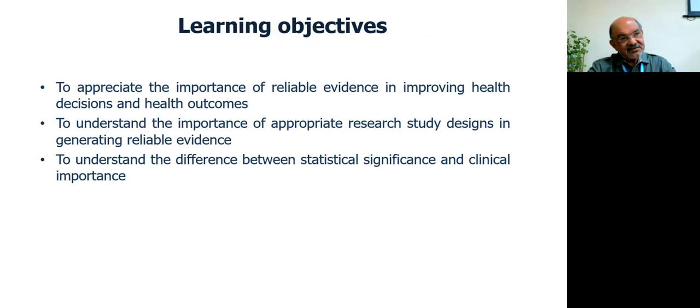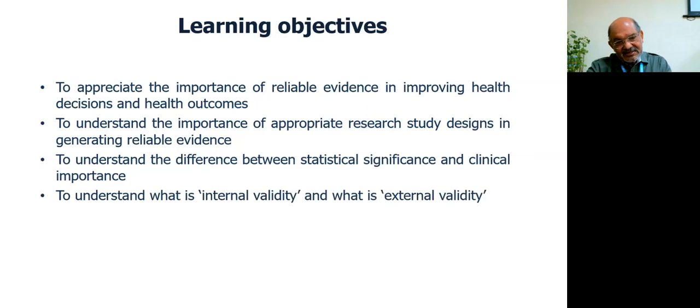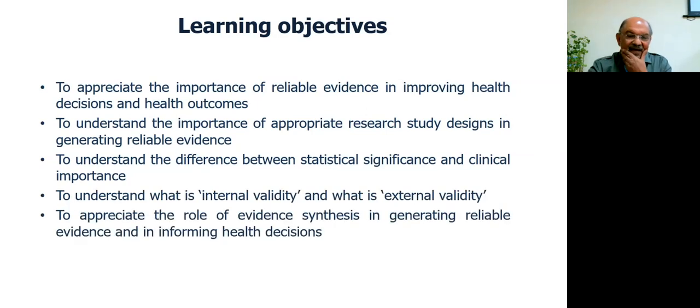Because we're all clinicians, and what you read is mostly about statistical significance. Now, you need to be able to figure out what is going to be clinically important to you. Then, also to understand what you mean by internal validity and external validity. And finally, to appreciate the role of evidence synthesis in generating the evidence that you need, which is reliable, so that you can make informed health decisions.